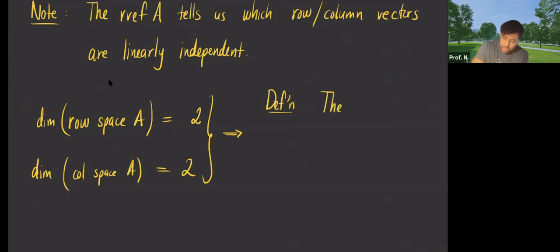It's called the rank. Extremely important concept. The rank of A, you can define it in many ways, is equal to the dimension of the row space of A, which equals the dimension of the column space of A.